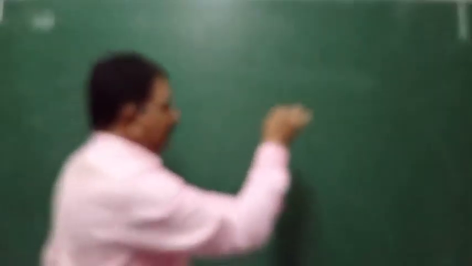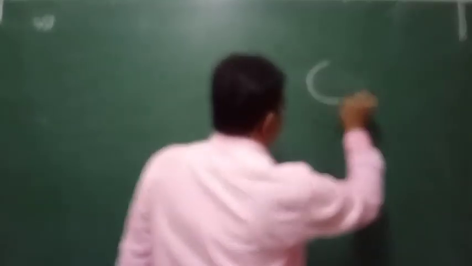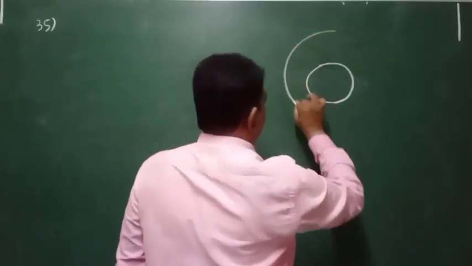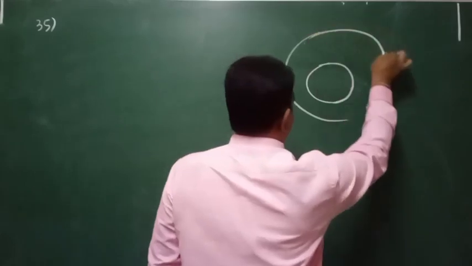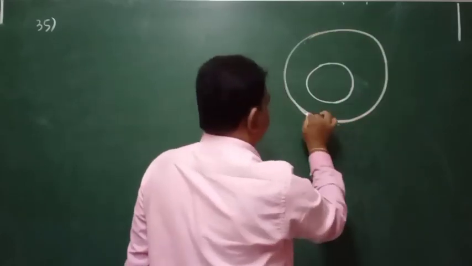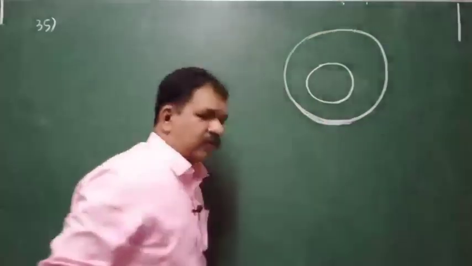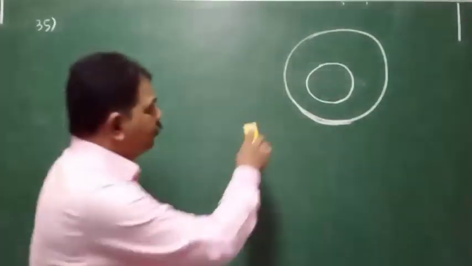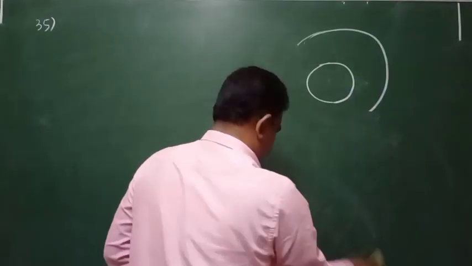What they are asking in 35, here sun is there. This is the inner surface of the sun. This will be the outer surface of the sun.